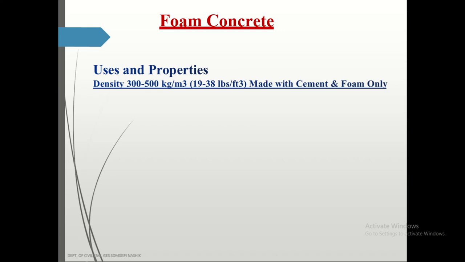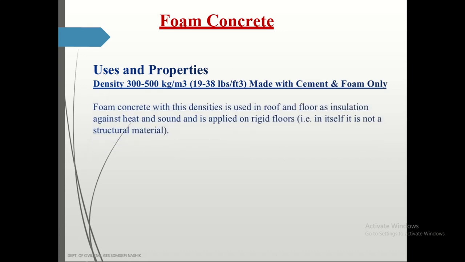If the density is between 300 to 500 kilograms per cubic meter, then it is made purely of cement and foam only. Then it can be used as roof and floor insulation against heat and sound, and it is applied on a rigid floor.